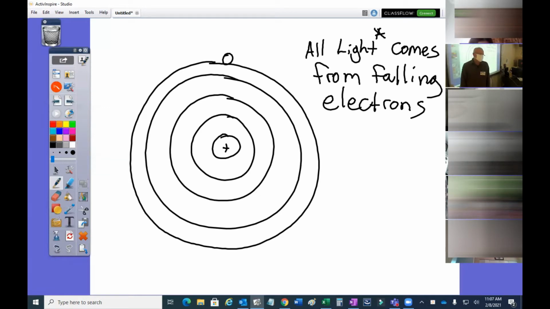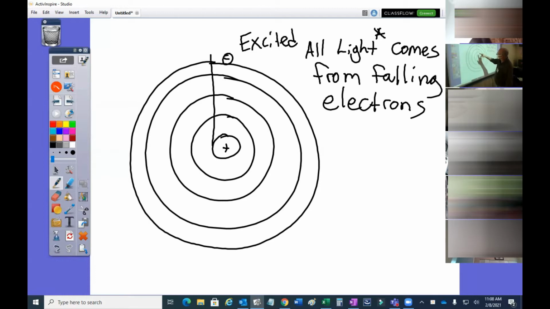Candlelight, laser light, meteors passing through the sky, starlight, sunlight, firefly light, bioluminescence in the ocean light. It's all electrons falling from having been excited in the atom. When the electron is up here, we call this excited, because it's got potential energy.